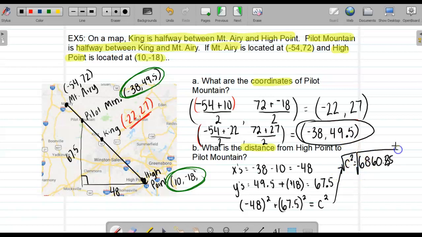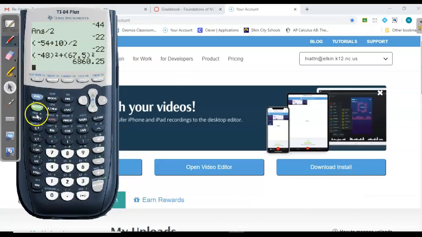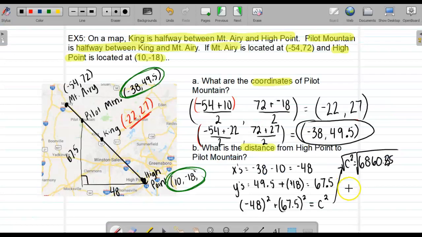So we square root both sides there, and whenever we do that, square root the answer, we'll get 82.827. They didn't give us units on this. That's not miles because that's a shorter distance than that. I don't know. I was just making up a problem.